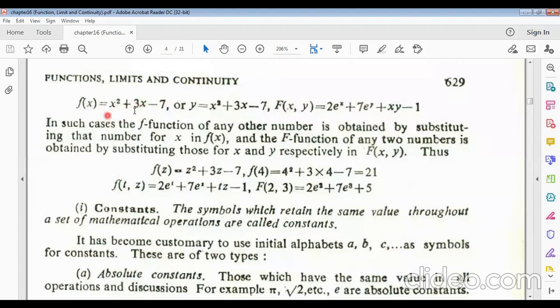Remember, x is the independent variable, and f(x), or y, is the dependent variable because its value depends on x.